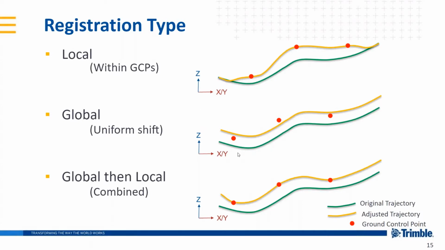Here, the difference is that the initial segments of my trajectory and the last part of the trajectory after the control points are also adjusted.